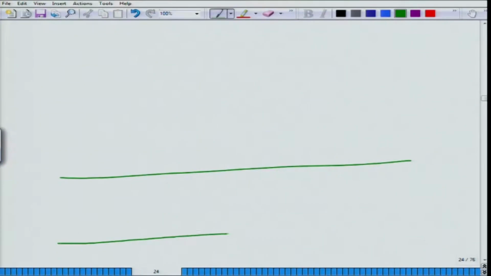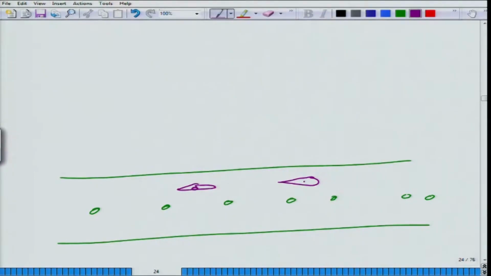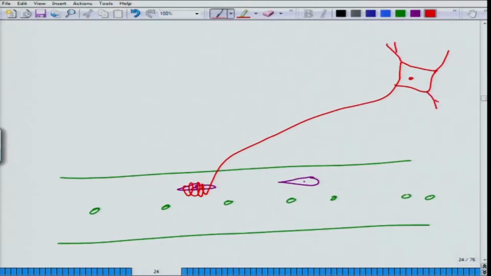you have the muscle like this lying out here, and within the muscle you have these muscle spindles sitting there, okay. And on top of that you have the sensory neurons wrapping. So, at this stage, whenever there is a hit or something, there is a change in length.